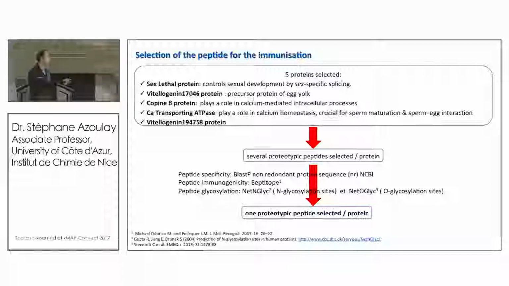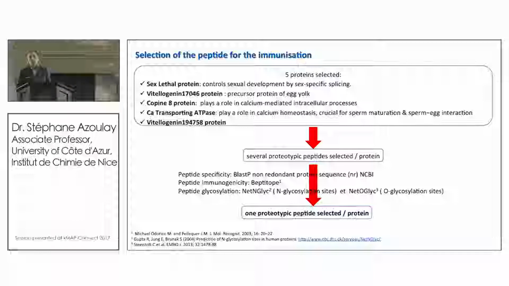We selected 5 proteins. 2 are vitellogenin proteins, which are precursors of egg yolk protein, and 3 others are involved either in reproduction, for this one which plays an important role in calcium homeostasis for sperm production, or in controlling sexual development by sex splicing in Gammarus.